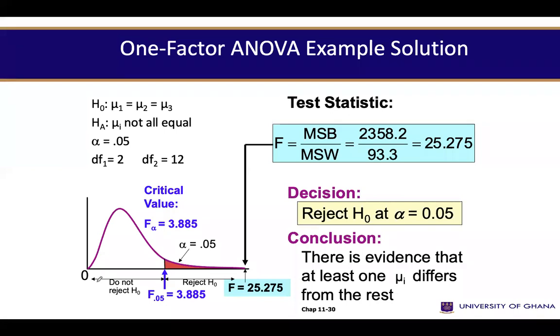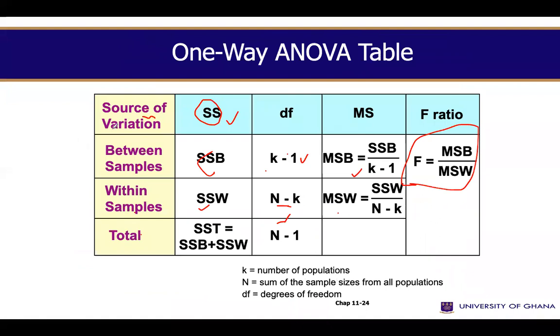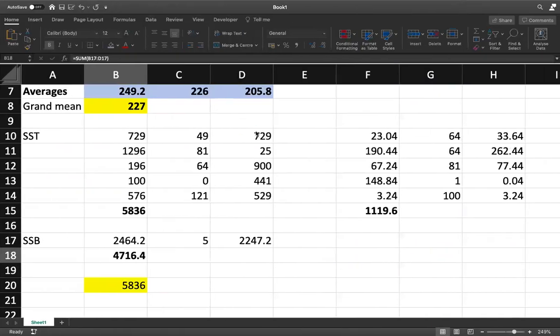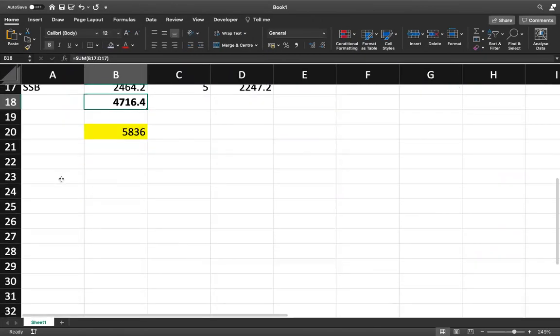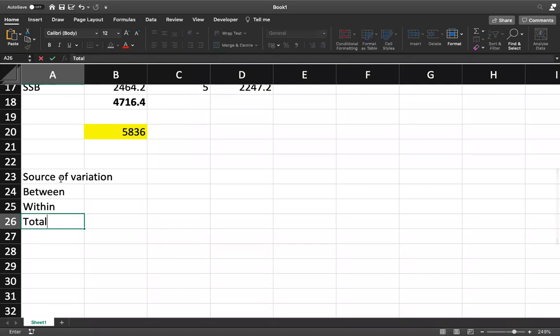So, of course, given this, we can draw our ANOVA table, right? So let's follow through with this same approach. Michael, I will call you, but let me finish this one. So the source of variation, you have the between, the within, and the total.